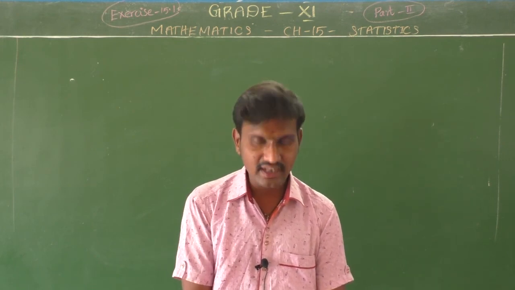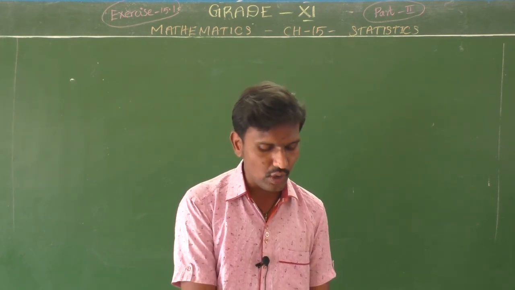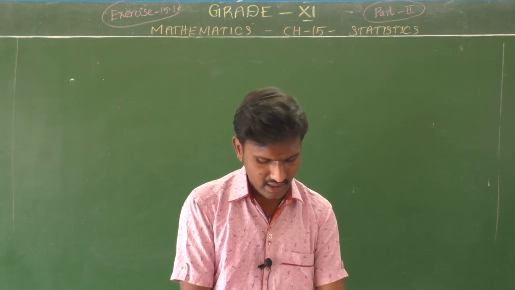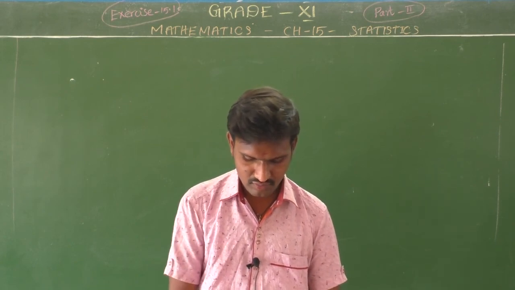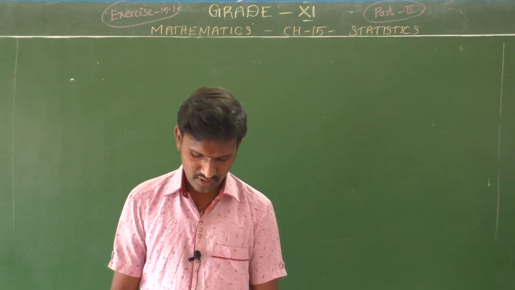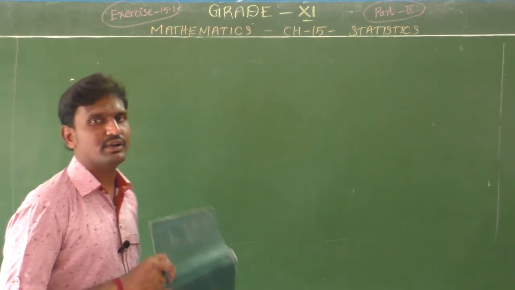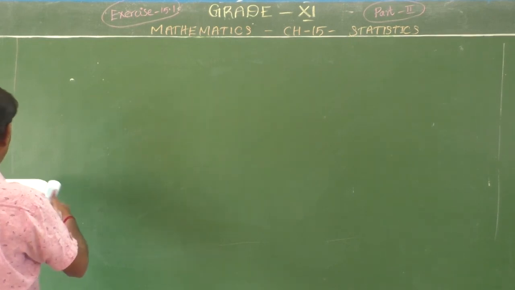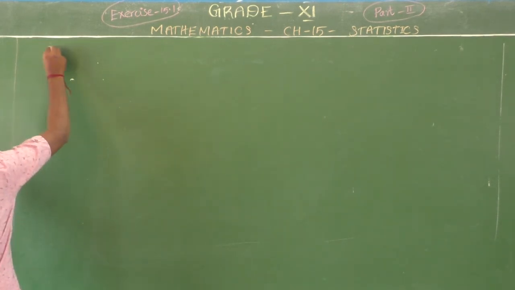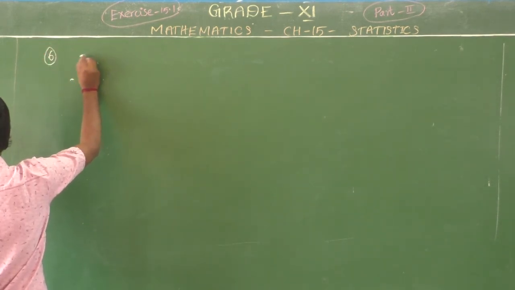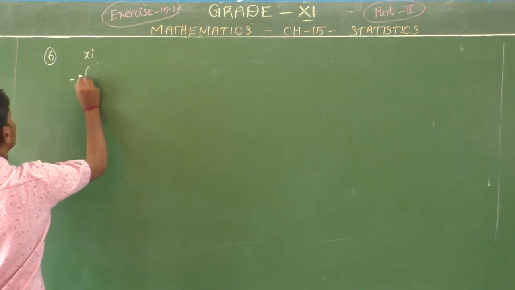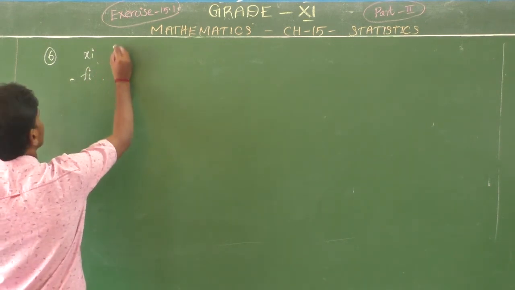So for these three questions you have this pattern. I am going to teach you with one question. Any one, which one, 5 or 6? I am going to take the sixth one, it has some big numbers. Sixth question: find the mean deviation from the table given.